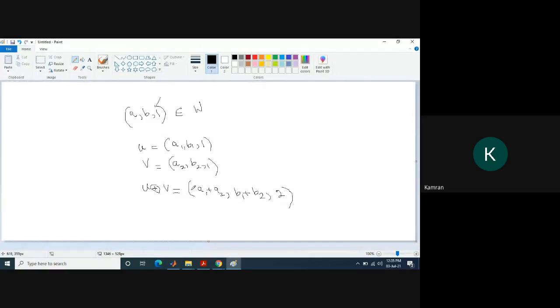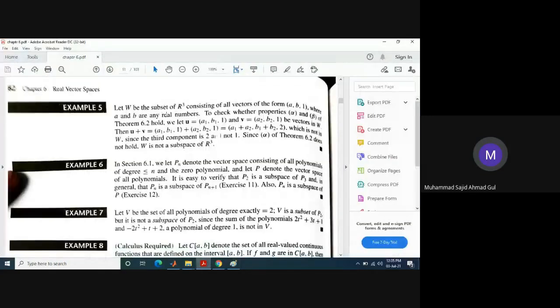So it is an element whose third component is 2, which is not equal to 1. So this does not belong to W, so W does not form a vector space. Okay.